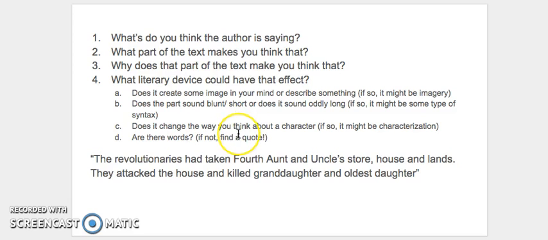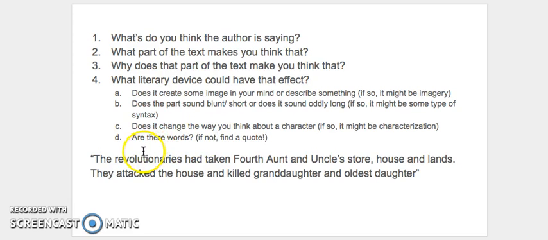The characterization is difficult to use here because we don't really have a lot of context on fourth aunt and uncle's store or granddaughter and oldest daughter. So it's not really the best literary device to use here since they're not really characters in the story. But there are words, so we can always fall back on diction in this case.